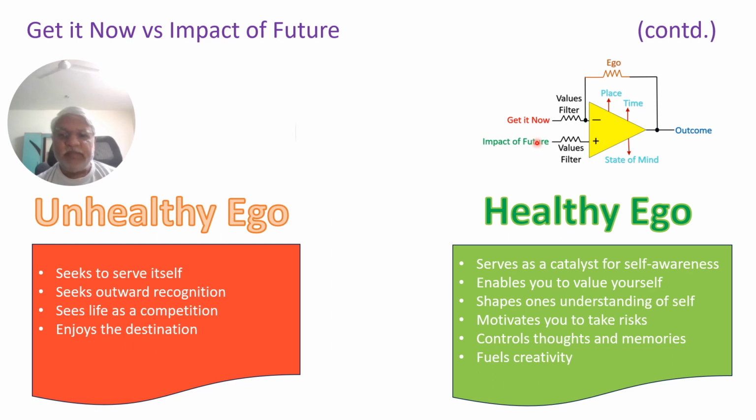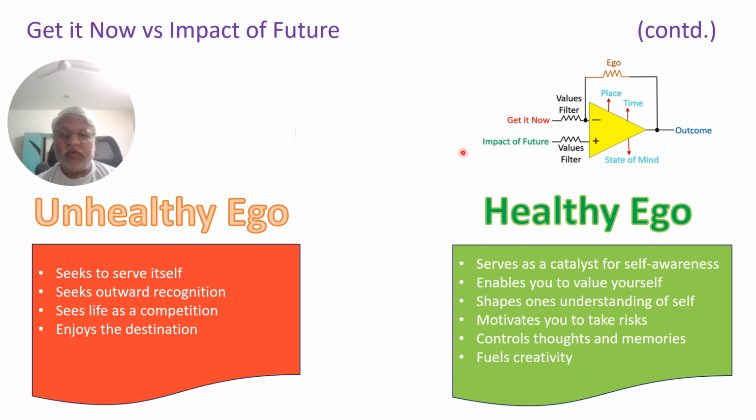Assume that a person who is doing good activities is in a bad company, then he will tend to do good activities less because of the state of mind. Or if he is in a dejected mode, which will affect the state of mind, he will do less of good things.